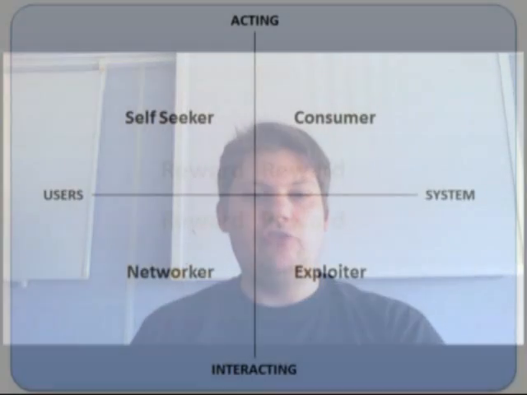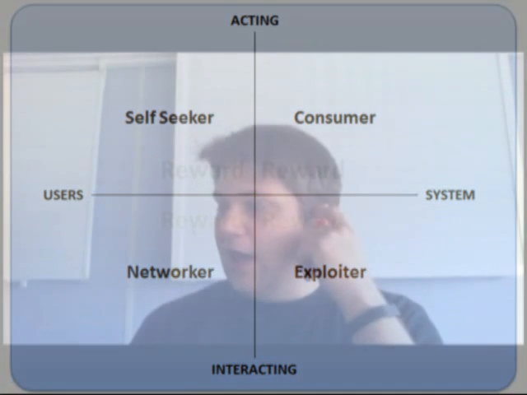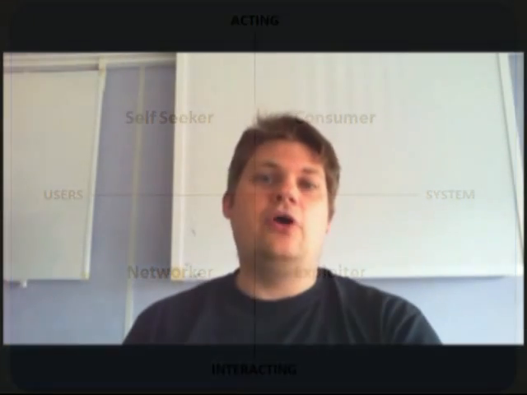The player version of a socializer was a networker, free spirit was an exploiter, achiever is a consumer, and philanthropist is a self-seeker. And they're kind of emotive names, and they sound like bad guys in a superhero movie, but they're the guys who are there. They'll do very similar things to the intrinsically motivated people, but they'll be there to get a reward from the system.